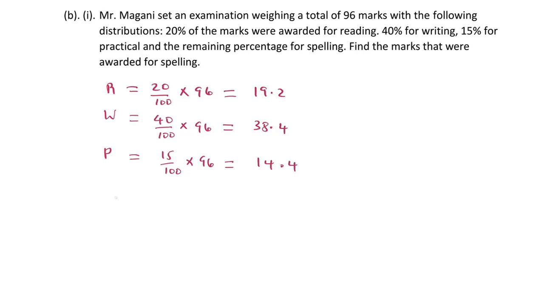Okay, so therefore spelling marks are going to be 96 minus 19.2 minus 38.4 minus 14.4, of which after solving these values we are going to get marks for spelling, which equals 24 marks.